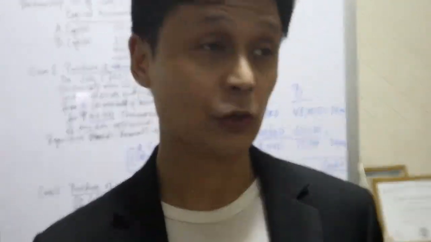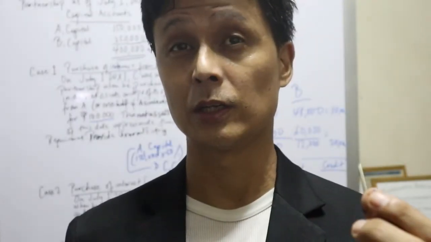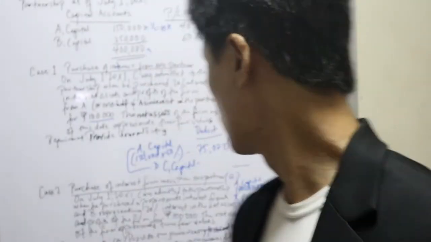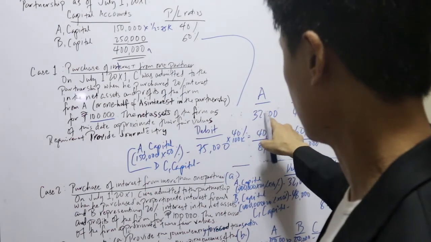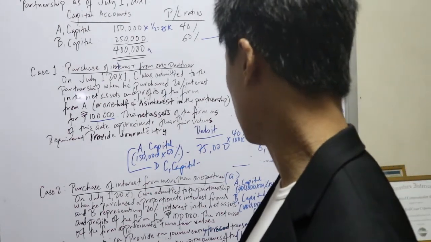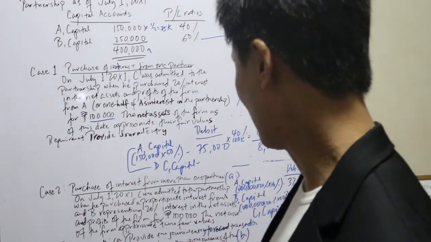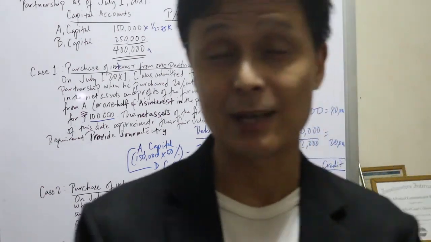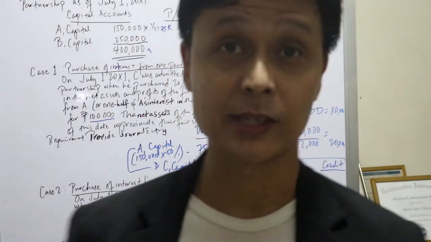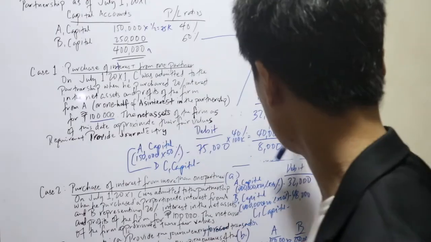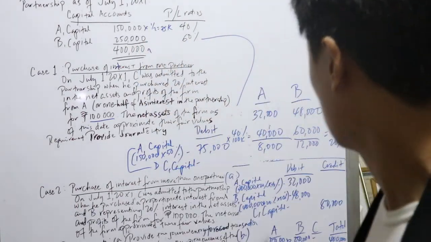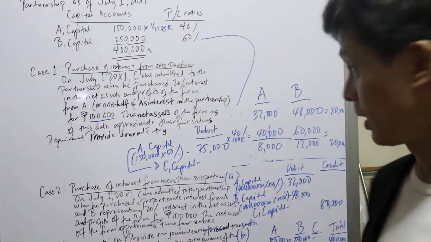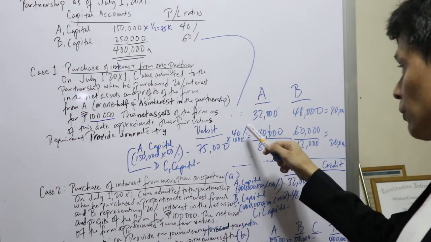Because based on their interest, yun ang binibili lang talaga ni C is only 32,000 kay A, which is 80,000 times 40%, that's 32,000, and then kay B naman, that's 60% of 80,000, so 48,000. Pero ang binigay ni C is 100,000, so 40, 60.